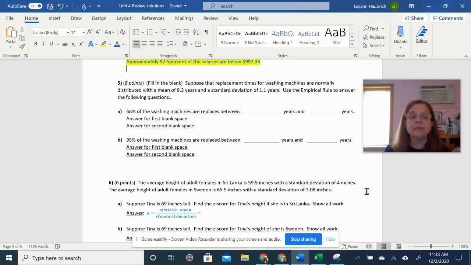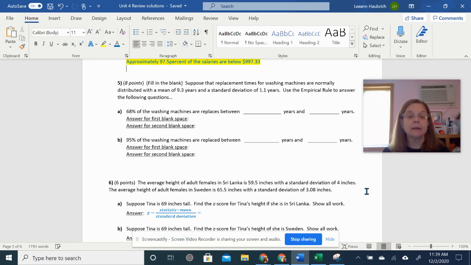That's one standard deviation below. And then above would be 10.4. That would give us 68% of the range. And if you did 95%, you would be 2 below and 2 above, because it's saying empirical rule. Let me read the 2 questions now.